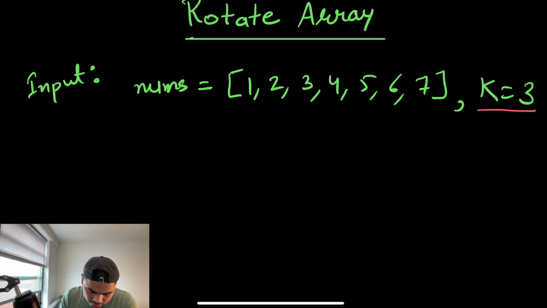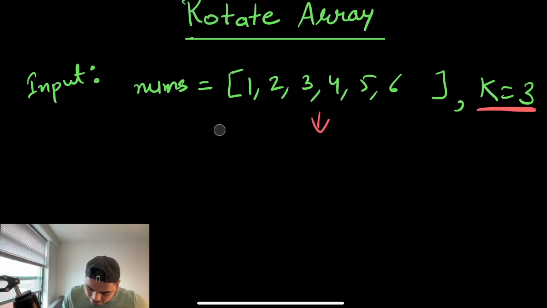In the first rotation, because k is 3, what we are going to do is take the 7 from here and bring it to the front. So 7 comes over here, in the beginning.